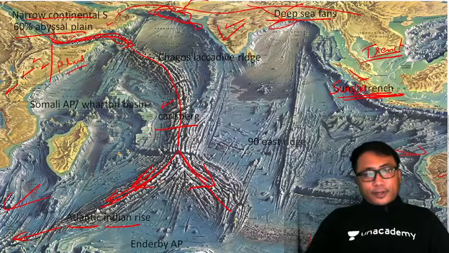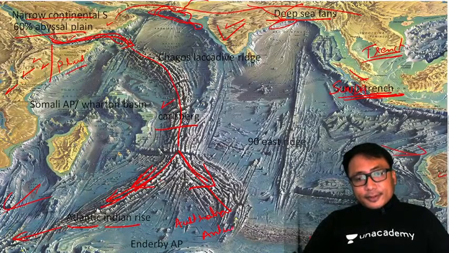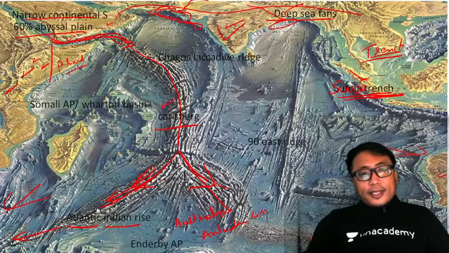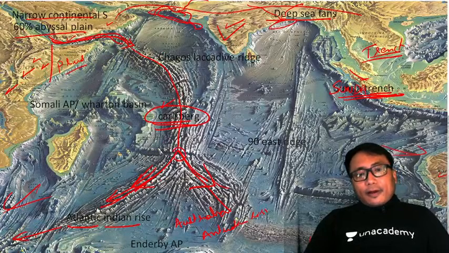The name is important. Let me write it for you. This is Australia Antarctica Rise. Okay, the eastern part. Remember, the upper part of this ridge is known as Carlsberg Ridge. After reaching a point, it is divided into two parts.